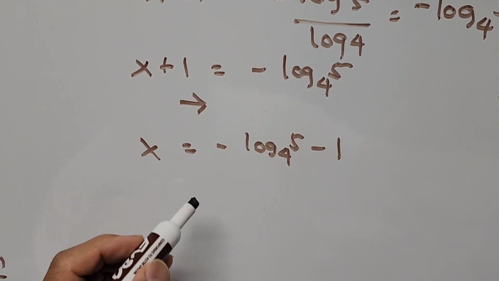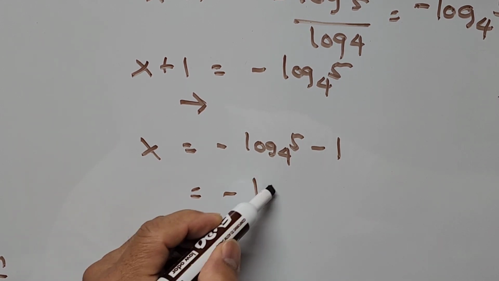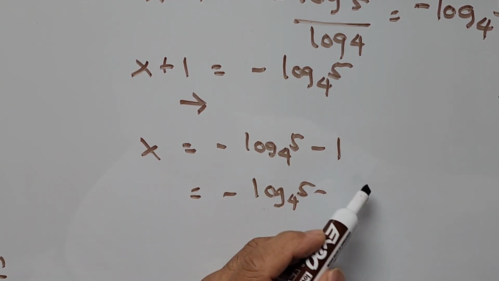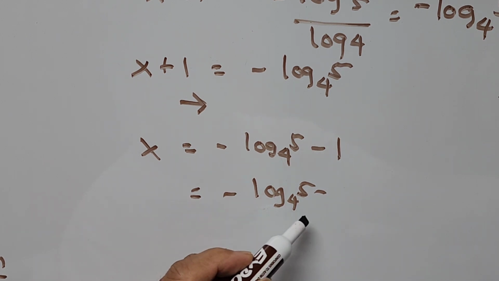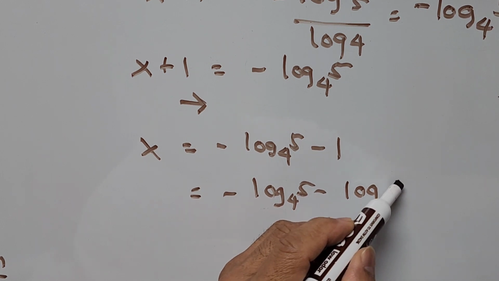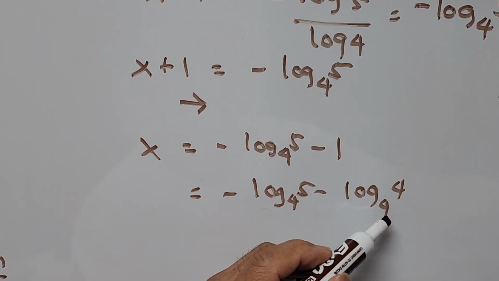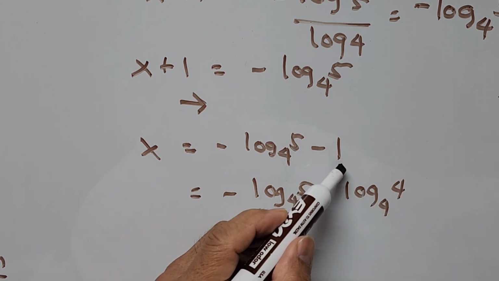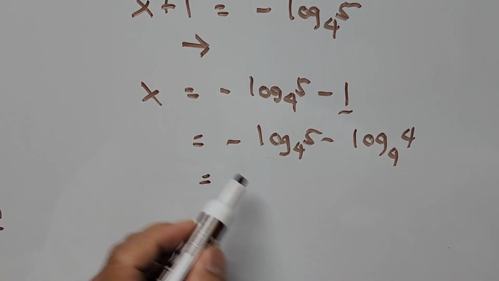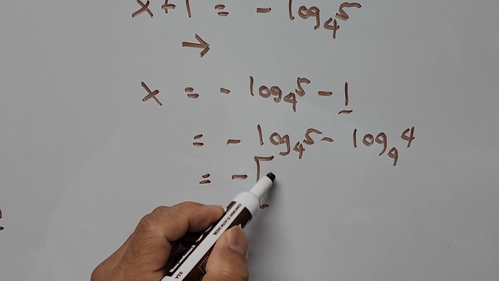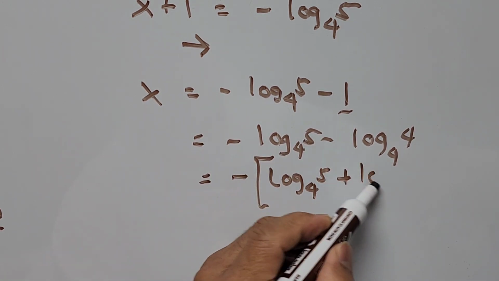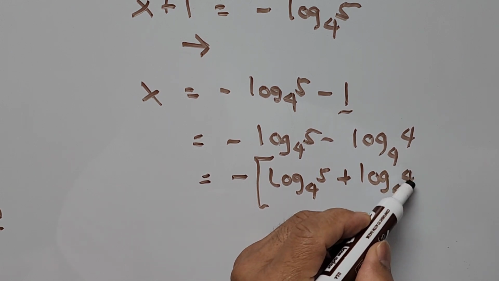This can be written as negative log base 4 of 5 minus 1, and we can express 1 in terms of log base 4, that is log base 4 of 4, since log of 4 base 4 is the same as 1. Taking out the negative sign, this is log base 4 of 5 plus log base 4 of 4.